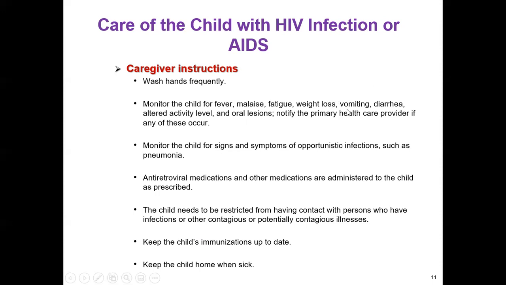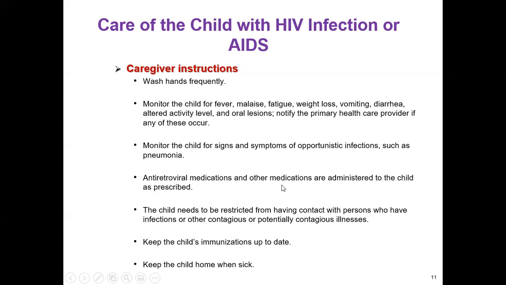So if the patient has vomiting and diarrhea, you have to prevent dehydration. If the patient has a fever, we have to prevent infection. Infection is the first priority. Monitor the child for signs and symptoms of opportunistic infection, such as pneumonia.